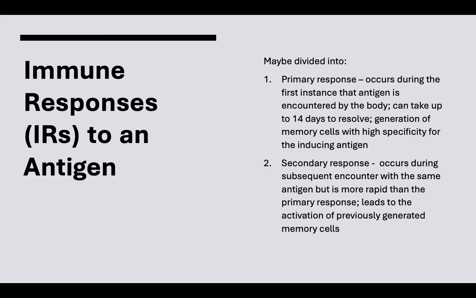The second wave or the secondary response happens during subsequent encounters with the same antigen. But it is usually more rapid, or definitely we expect it to be more rapid compared to the primary response. And what happens during secondary response is the memory cells produced in the primary wave will be activated.